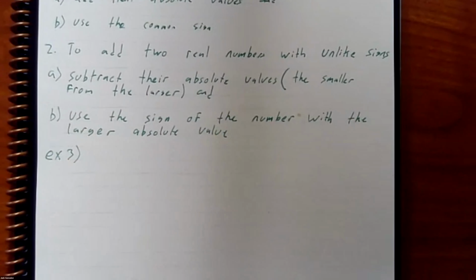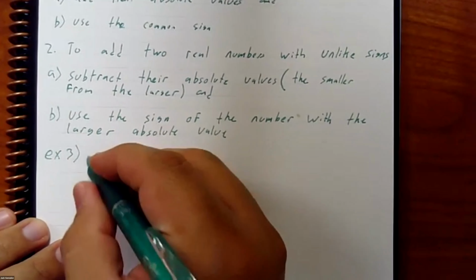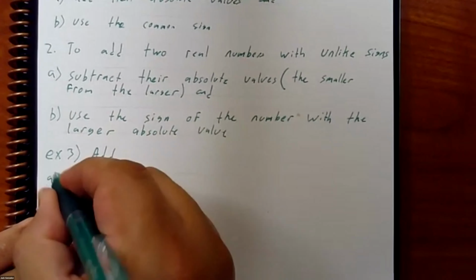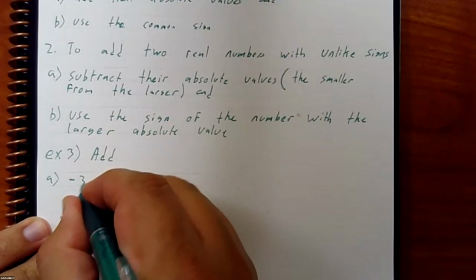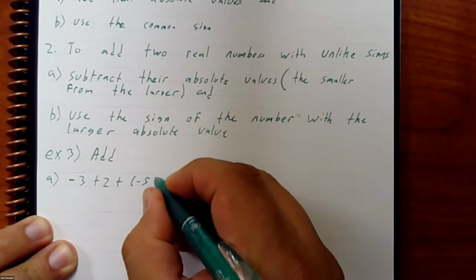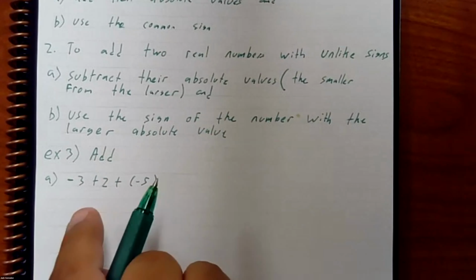I don't know, who cares? So we're doing that one over there. Add -3 plus 2 plus -5. You can rearrange them however you want, as long as you keep the right signs. The rule usually tells us to do left to right, but it doesn't matter because it's all the same operation.